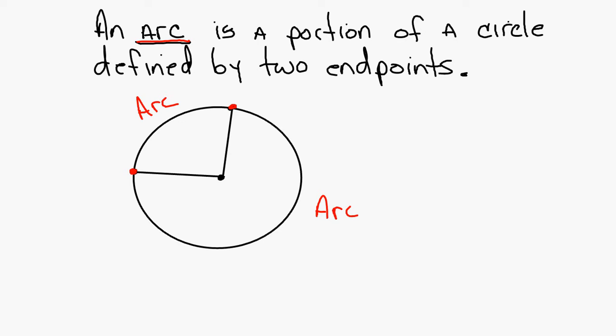So there's a picture of an arc, this red portion right here. That's an arc. The blue portion around the bottom is another section of a circle defined by endpoints. If this was point A and this was point B, then this right here would be, here's your symbol for arc, just a little arc, AB. That's arc AB.